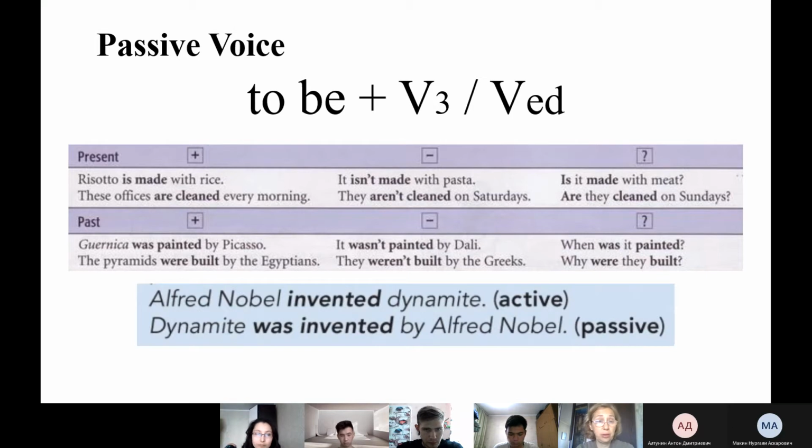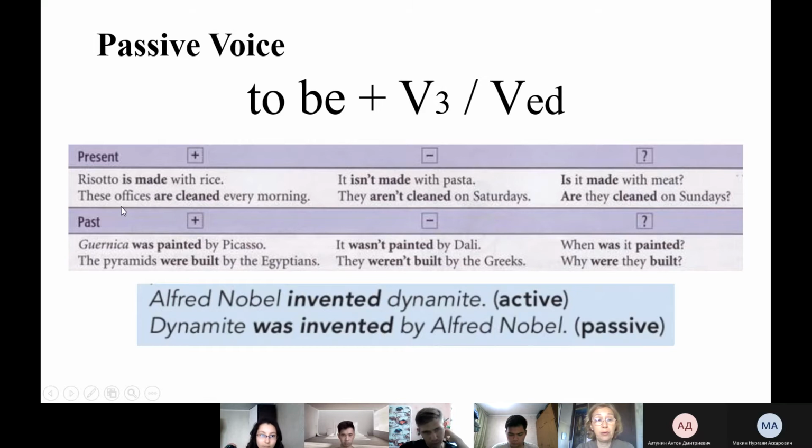So here we can see the present simple passive and the past simple passive. The present is used when we speak about something in the present — то, что над каким-то объектом производится какое-то действие. So, risotto is made with rice. Risotto делается из риса обычно. This is the affirmative sentence.